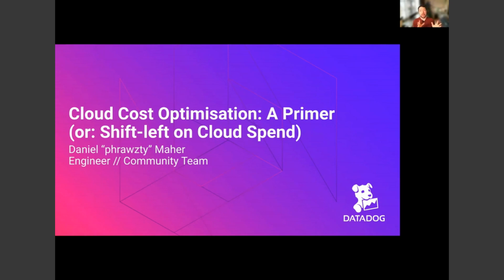Now, this is certainly a primer on cloud cost optimization, but in many ways, it's also a discussion about how to shift left on cloud spend. Because as I said previously, I'm an engineer on the community team here. And when I'm thinking about cloud spend, when I'm thinking about resources that I'm using in the cloud, I'm not always thinking about what does that mean to the bottom line of the organization.